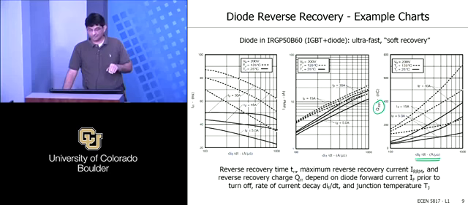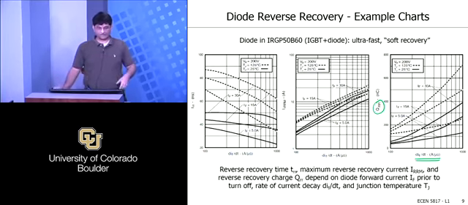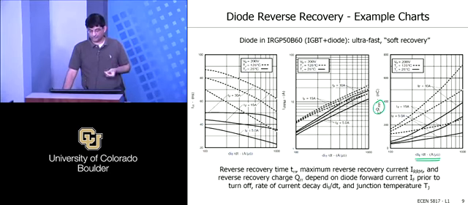The reason is because if you're trying to turn it off very rapidly, then you have to pull all of the charge out of the diode. If you do it more slowly, the diode has time for the charges inside to recombine, right? So not all of the charge has to be pulled out. Some of it can just recombine inside the diode, and so it reduces the QRR which you actually pull out.